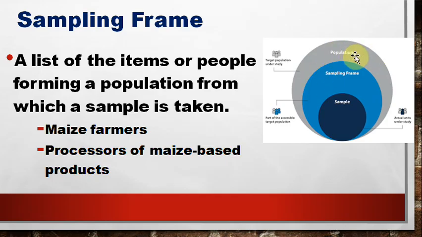I did this in a study we did on processors of maize-based products, in about 5 states, and we did 2 local governments in each of the 5 states. Of course, that is part of why sampling could involve multiple methods, mixed methods.